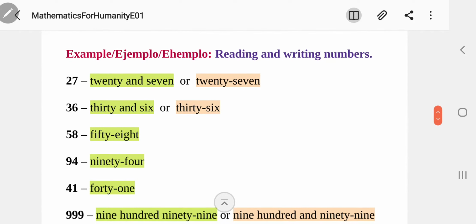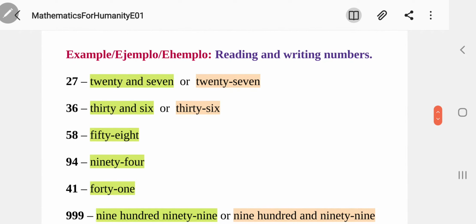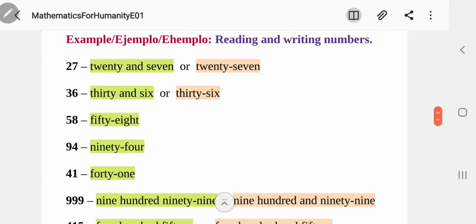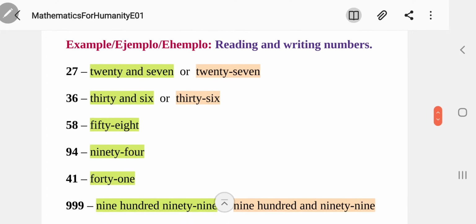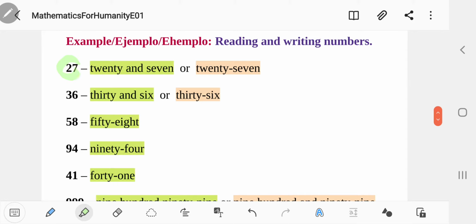So, examples. Example, ejemplo. Examples, ejemplos. Here, we are now going to read and write numbers. This one, 27, that's 20 and 7, or simply 27. This one is 36, or 36 in Spanish.